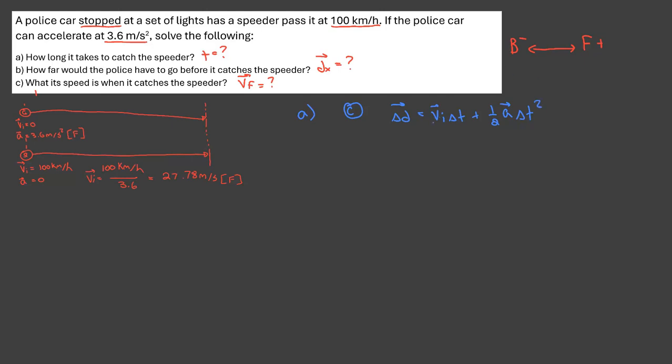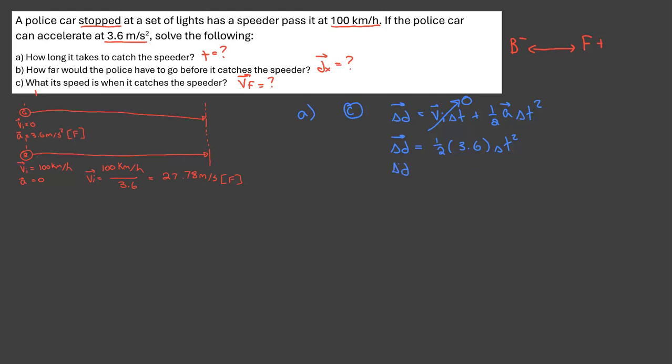And I know that for my cop, my initial velocity is 0, so that'll just be 0 times time, which this whole term will just go to 0. So I would be left with delta d equals 1/2 times my acceleration, which is positive 3.6, times my time squared.